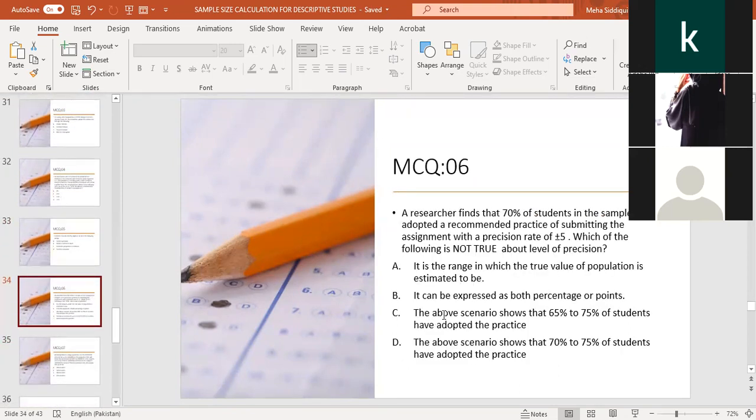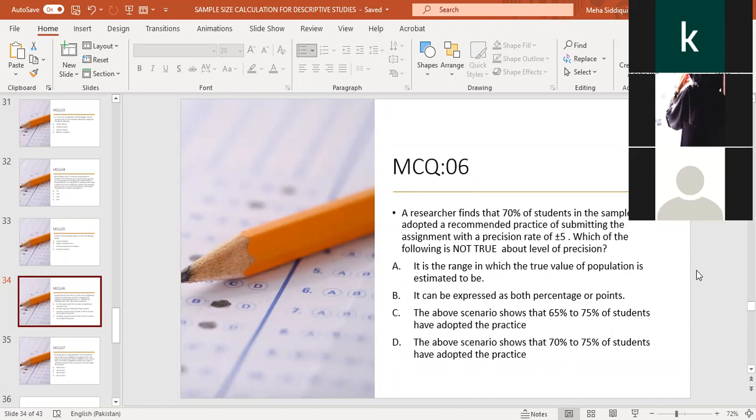A researcher finds that 70% of students in the sample have adopted a recommended practice of submitting the assignment with a precision of plus minus 5%. Which of the following is not true about level of precision? It is the range in which the true value of population is estimated to be. It can be expressed as both percentage or points.